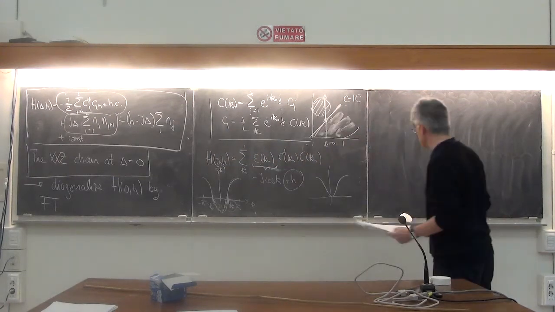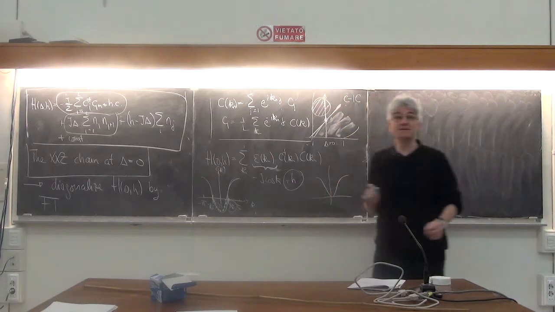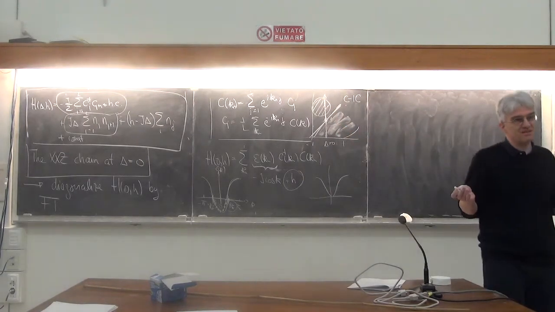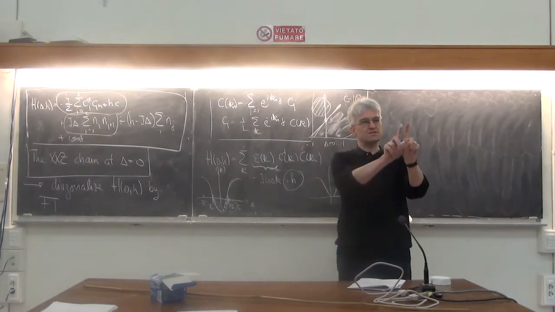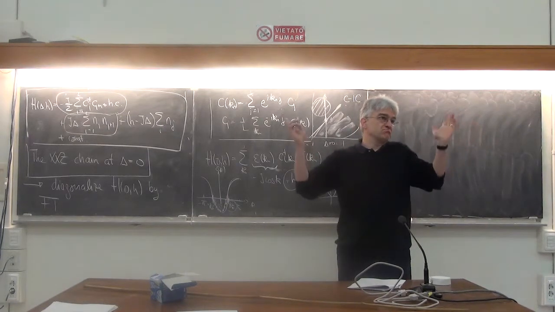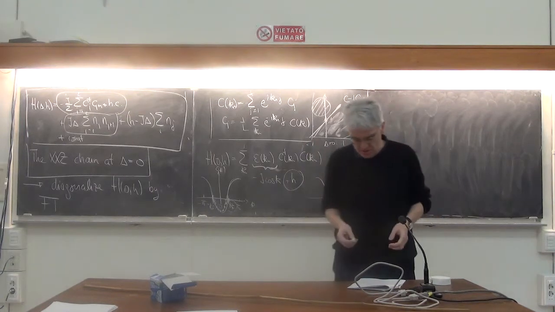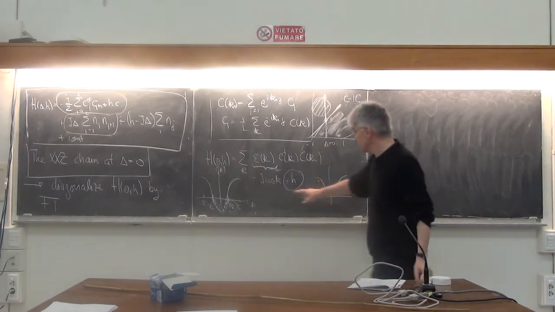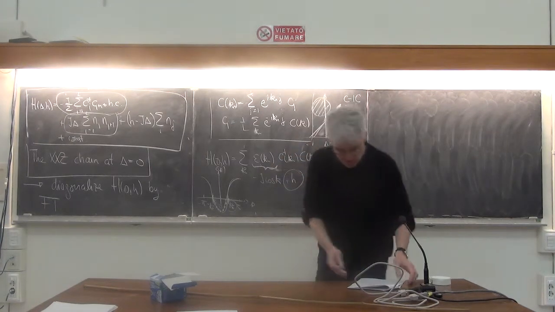So let me just work it out. In the ferromagnet there's no oscillatory behavior, which you can work out very easily, because the ground state, in terms of the fermions, is the empty vacuum. So correlation functions are very easy, and they don't show oscillatory behavior. Now in this critical phase, let's just work it out.